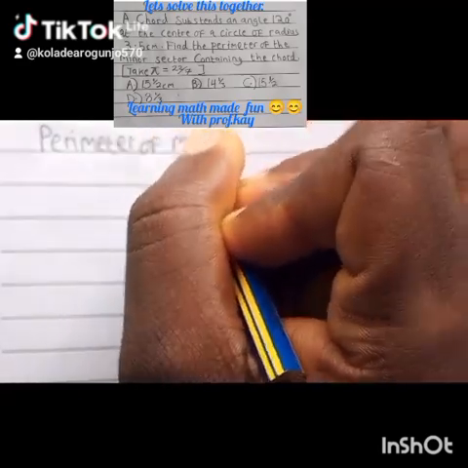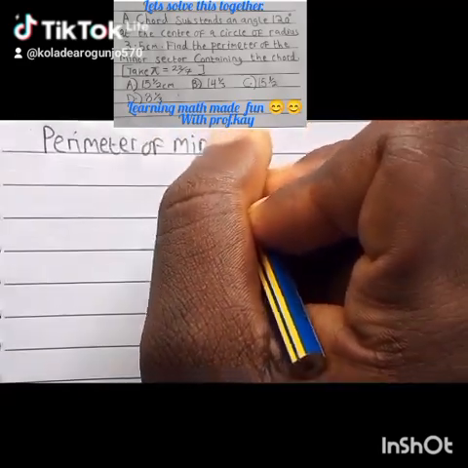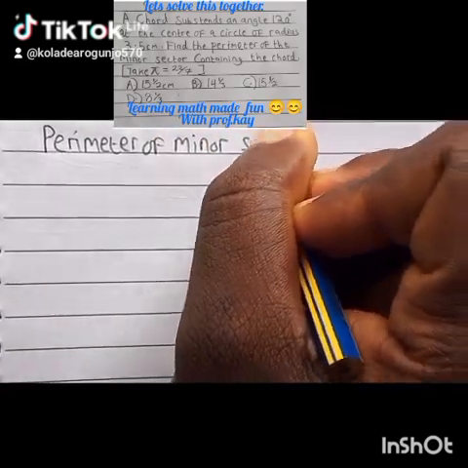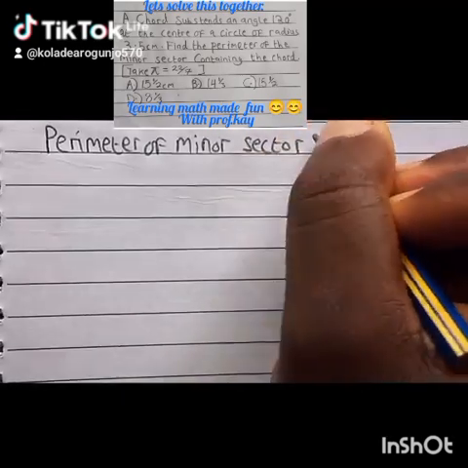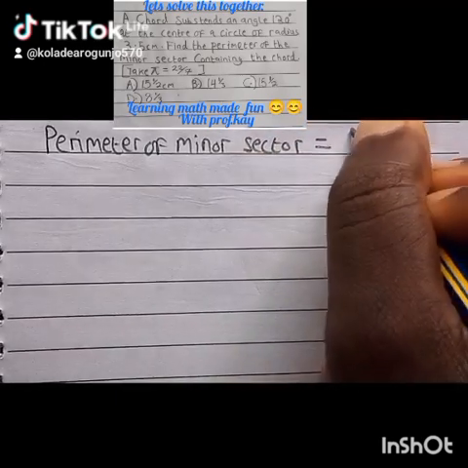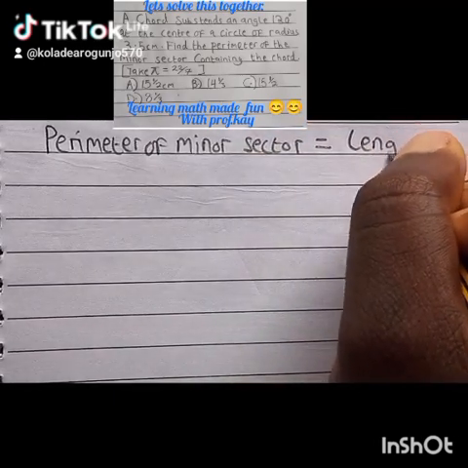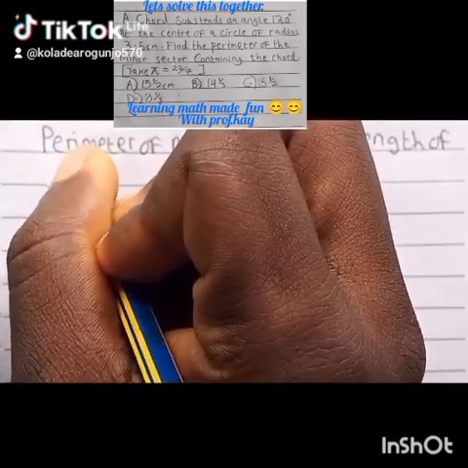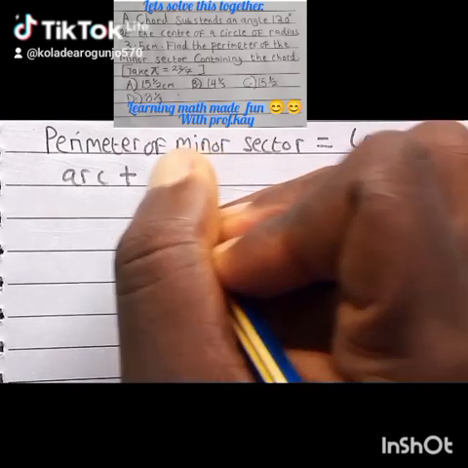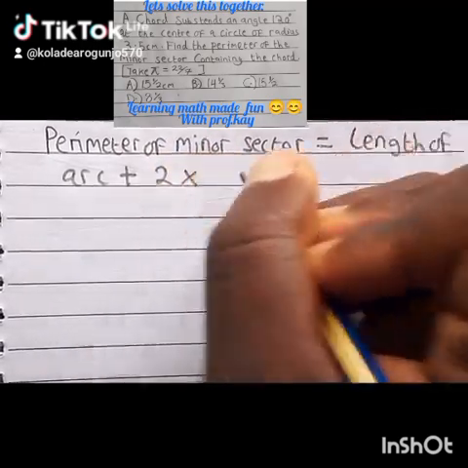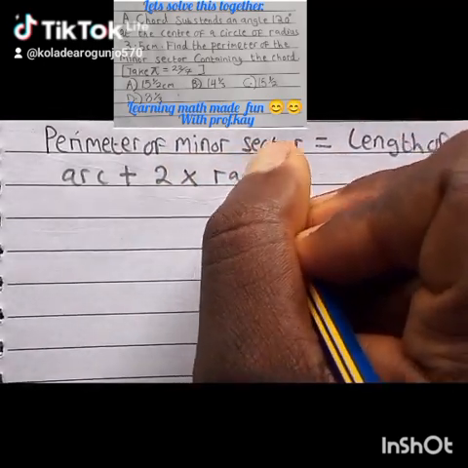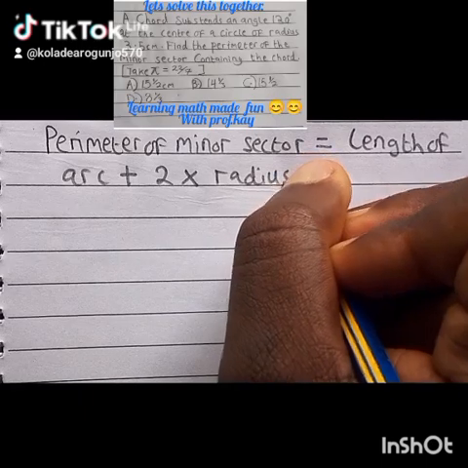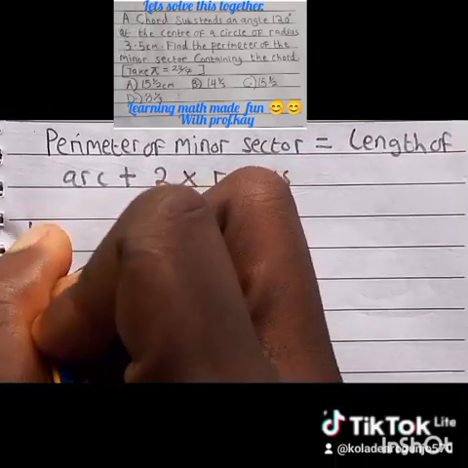So the perimeter of the minor sector is going to be equal to the length of the arc, that is part of the circumference of the circle, plus 2 multiplied by the radius, because we are dealing with two radii: one by the side, another by the side, then the length of the arc on the bottom.